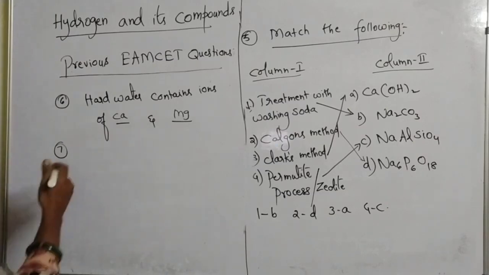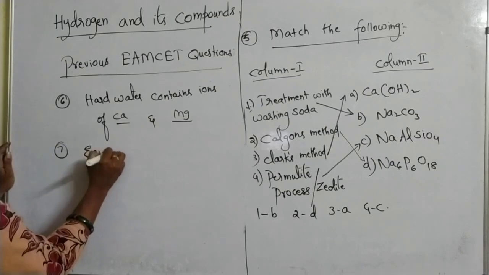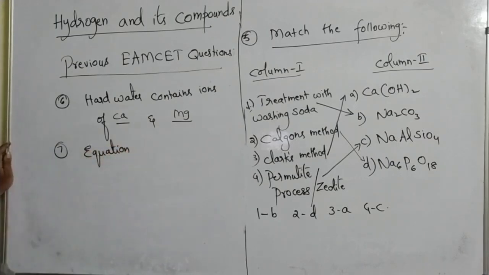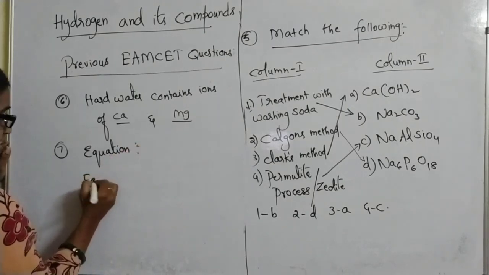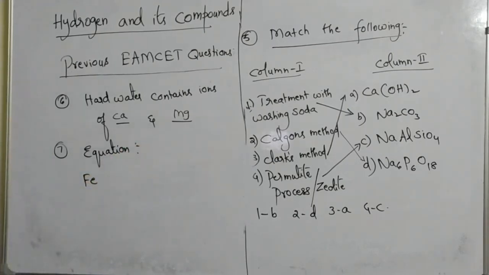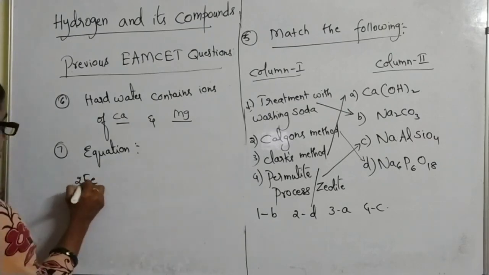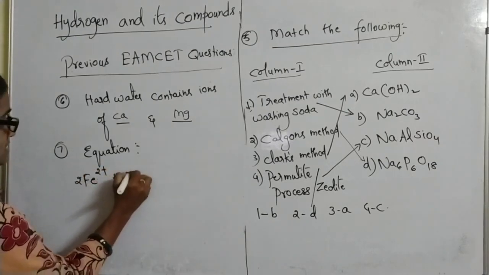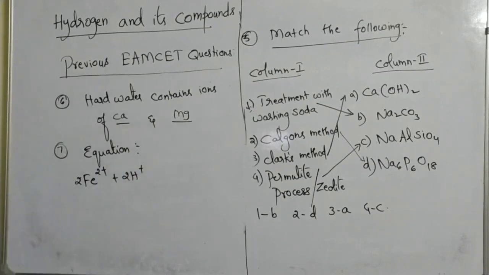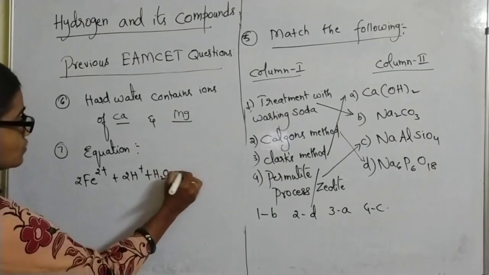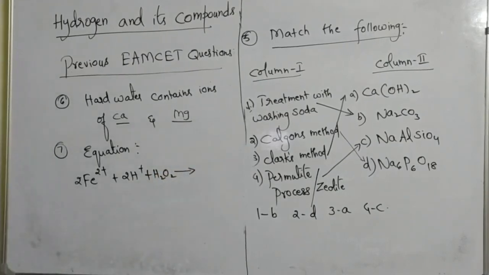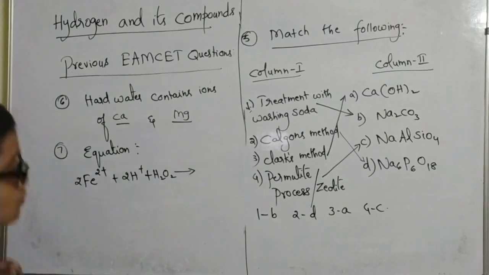You just check this equation. One equation is given like this: 2Fe2+ + 2H+ + H2O2 gives rise to 2Fe3+ + 2H2O.